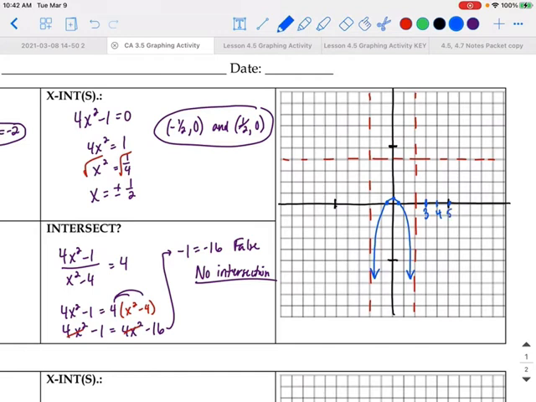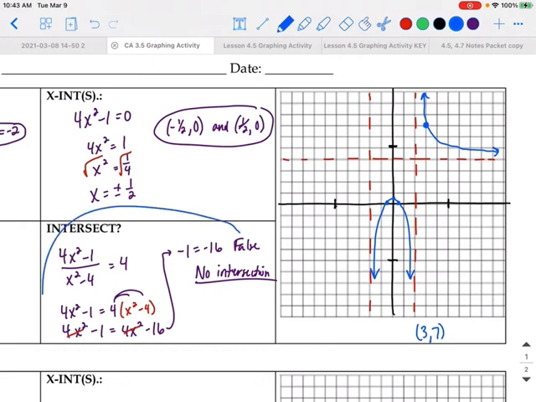Doesn't matter. I'm going to go with 3. So if I plug 3 into my equation, I get out 7.